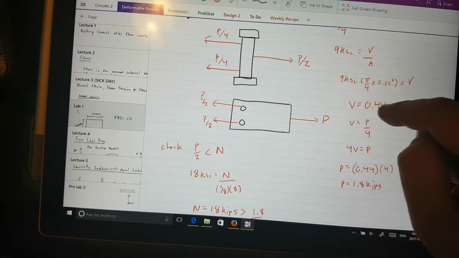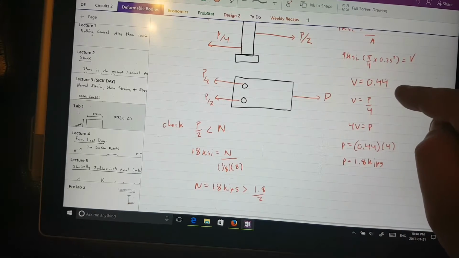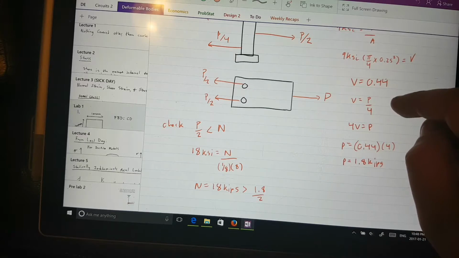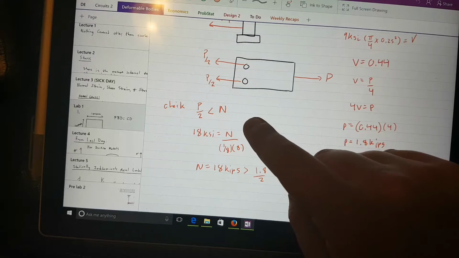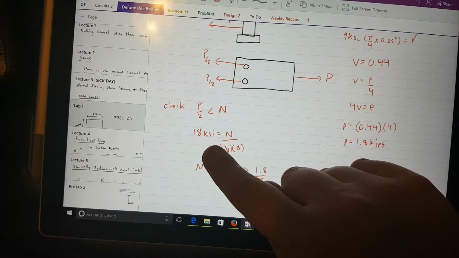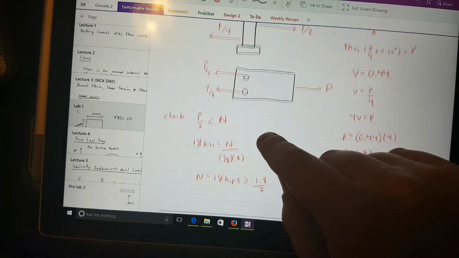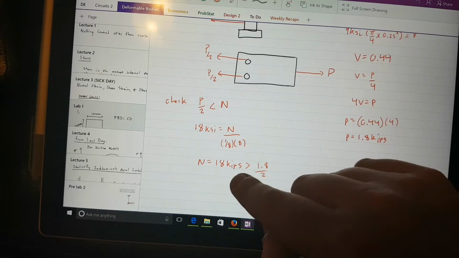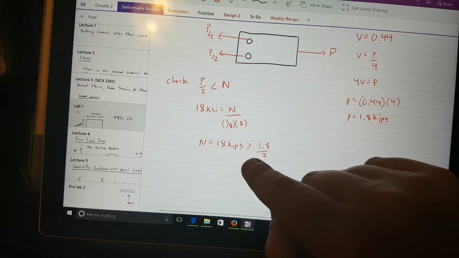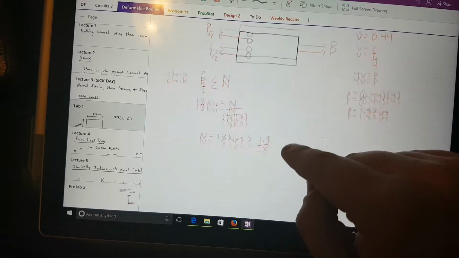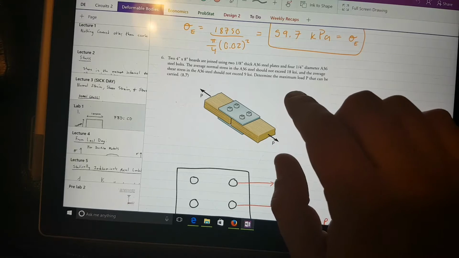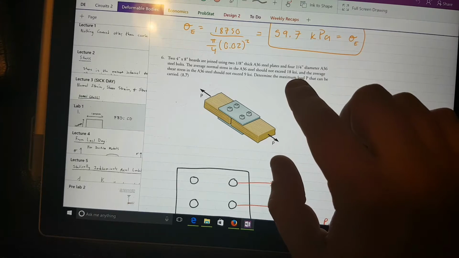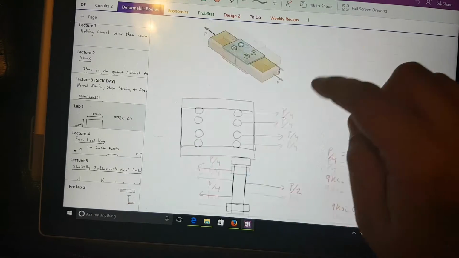So V would be the max because I was given the maximum shear strength for the bolt. And then this one here, I gotta look. P over 2, 18 KSI. N over this, N is that. 18 KSI, 9 KSI.